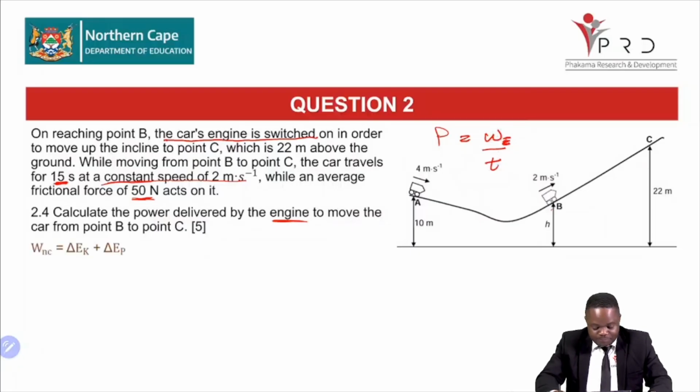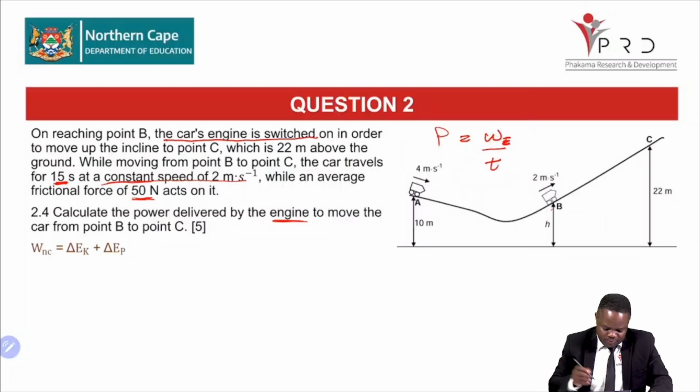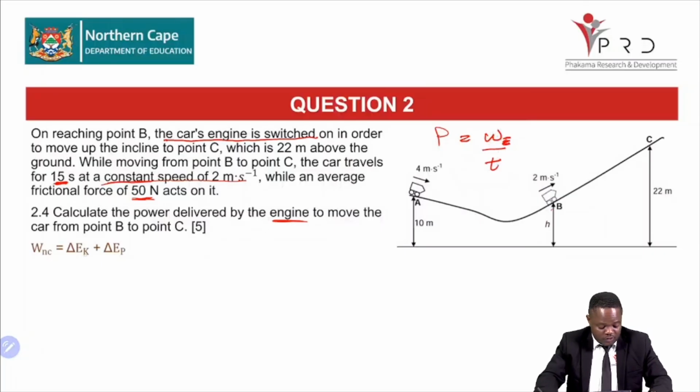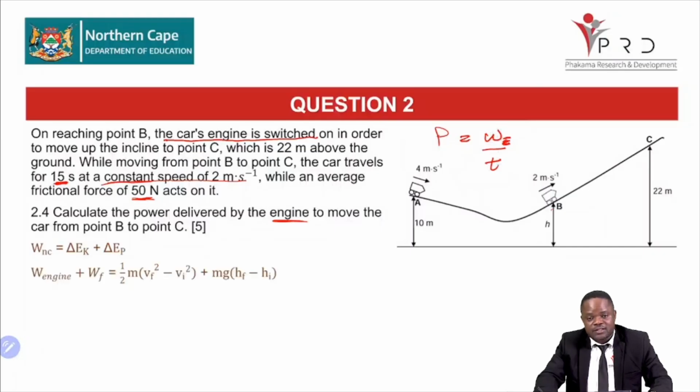So remember, the work done by our non-conservative forces is equivalent to the change in mechanical energy of our system, right? But which are the non-conservative forces that we are having there?